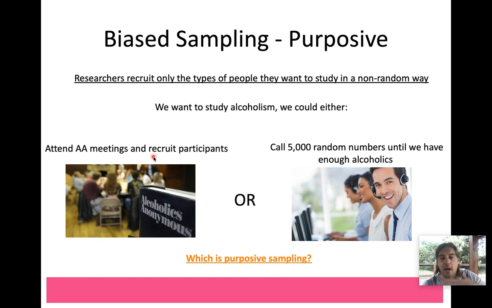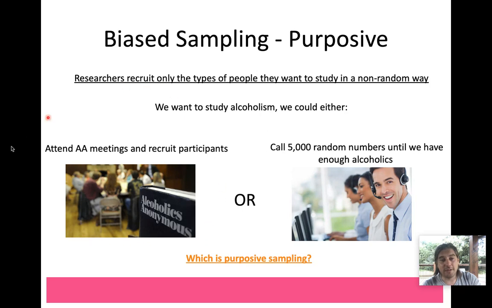AA meetings. I want to study alcoholics. Alcoholics go to AA meetings. Let's go to an AA meeting and collect data. I've actually done that before. I have a decent data set on actually opioid addicts that we used AA meetings to recruit them, because oftentimes opioid addicts are also alcoholics. And so I engaged in purposive sampling for that data set.